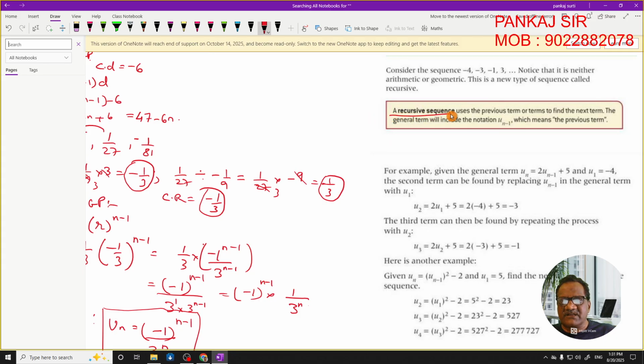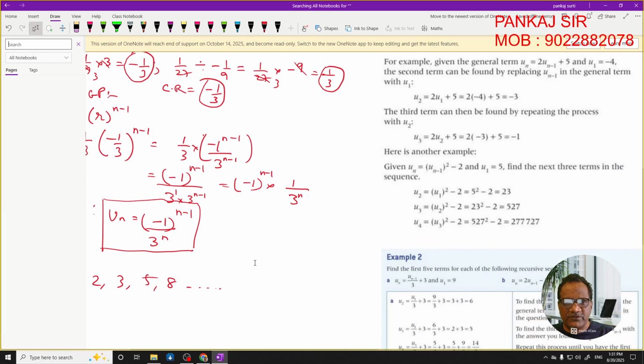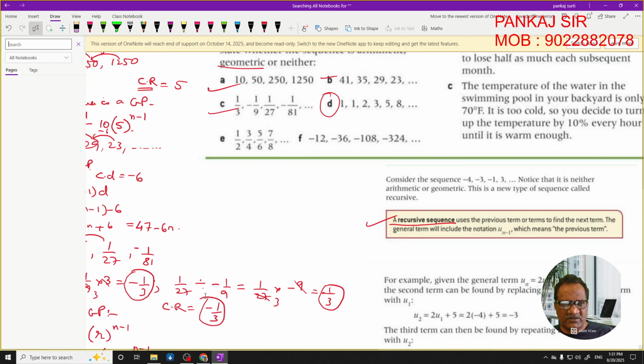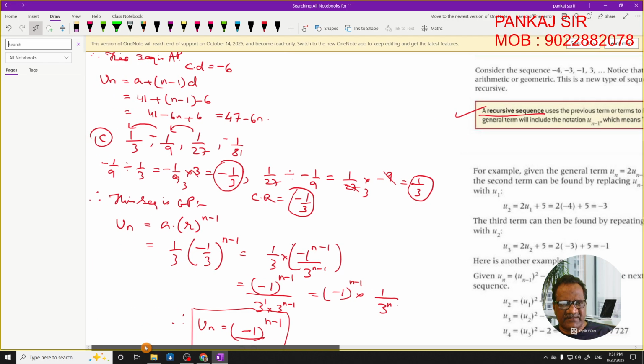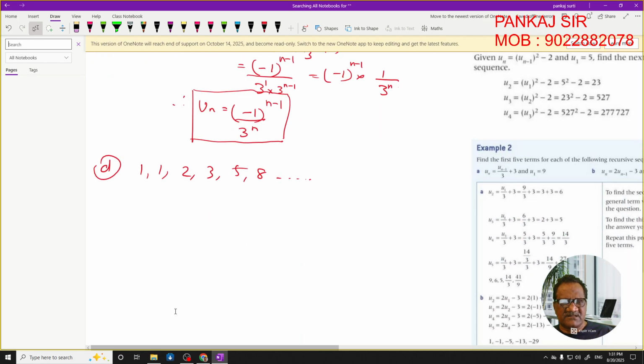Now we are coming to a new concept of recursive sequences. You have not studied this earlier, I suppose, and you are studying it for the first time. So recursive sequence is something we are going to start with today, and that is today's heading also. Now what are recursive sequences?